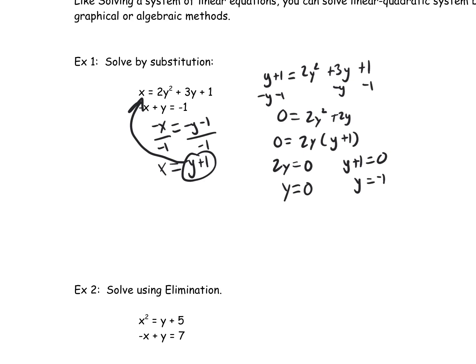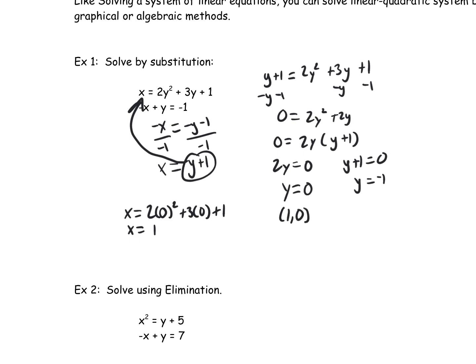So if I have x equals 2 times 0 squared plus 3 times 0 plus 1. If I run 0 through my original equation, I get x is equal to 1. So that solution would be 1, 0.